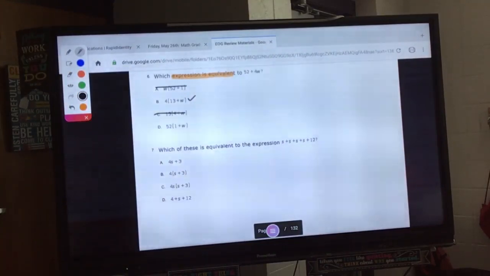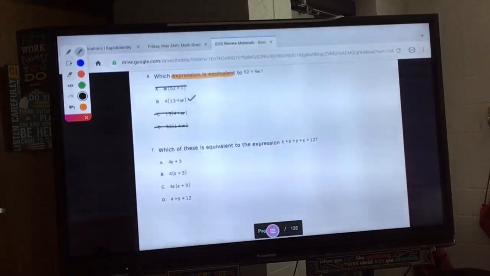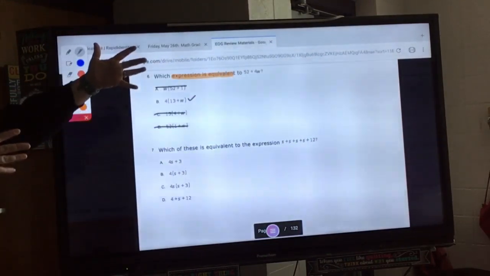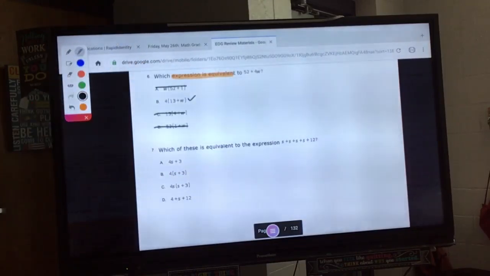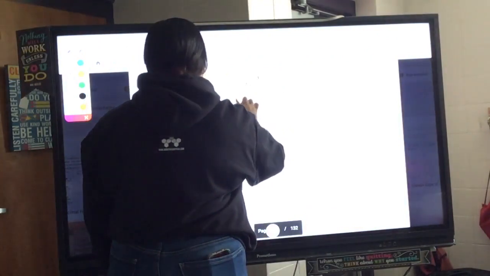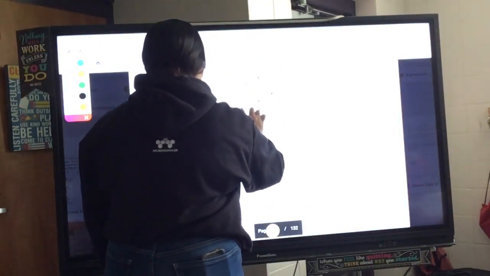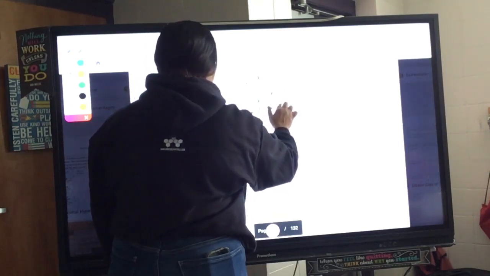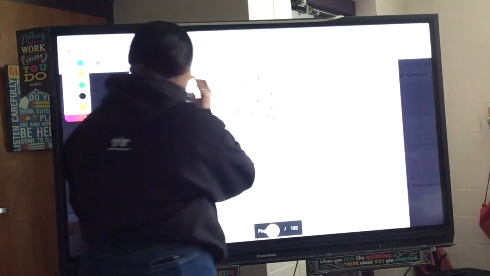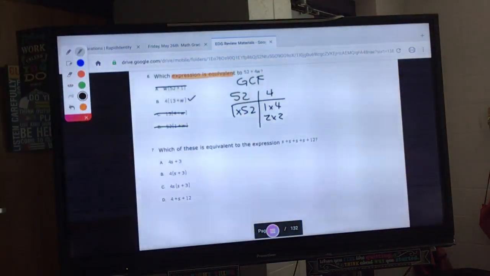And then obviously 52 on the outside cannot work, because you cannot multiply two things together that equal 4 to equal 52. So thinking just strictly GCF here, I'm not going to do all the math because I just don't feel like it. What's that? 26?